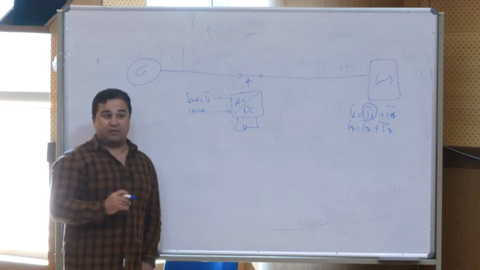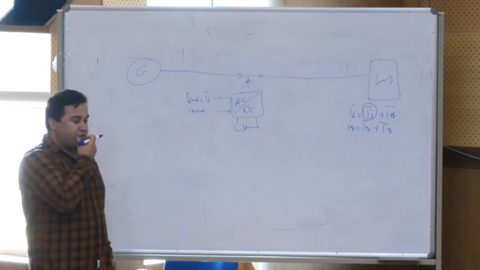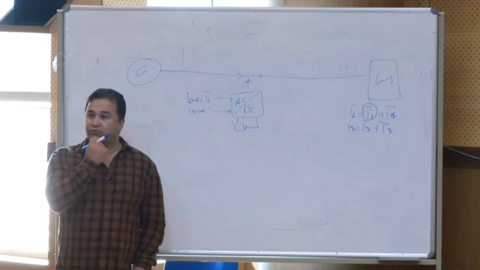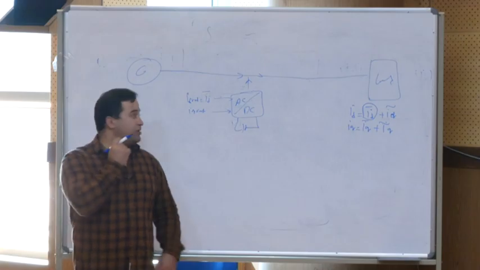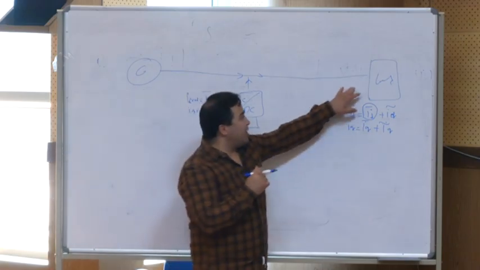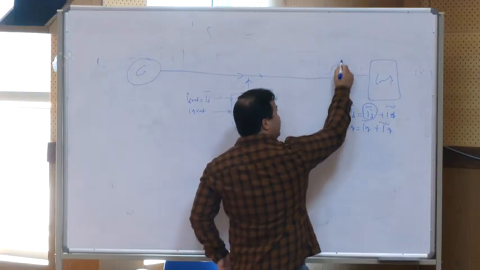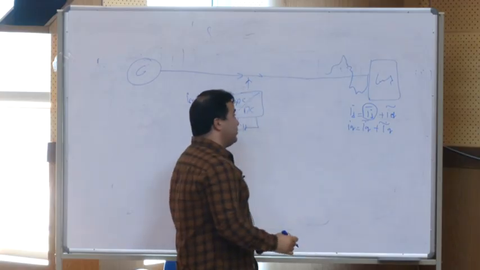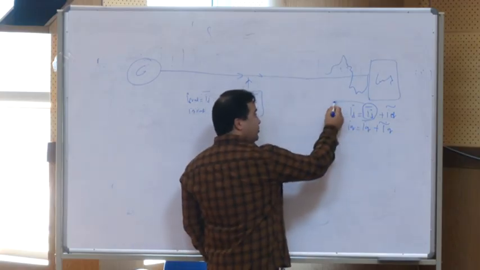How is it possible? I said, okay, does anybody have any idea? How is it possible, because now the current is like this one, but I'm looking for this component.